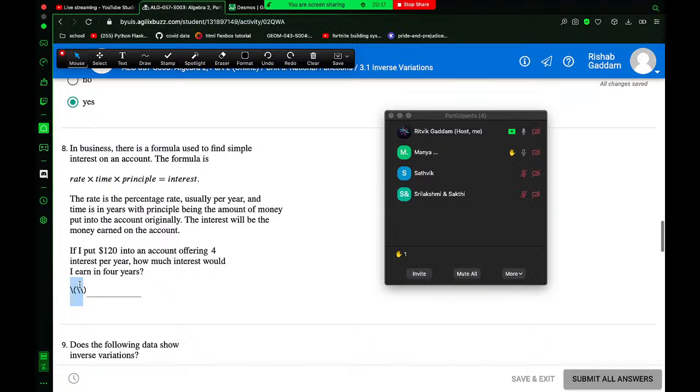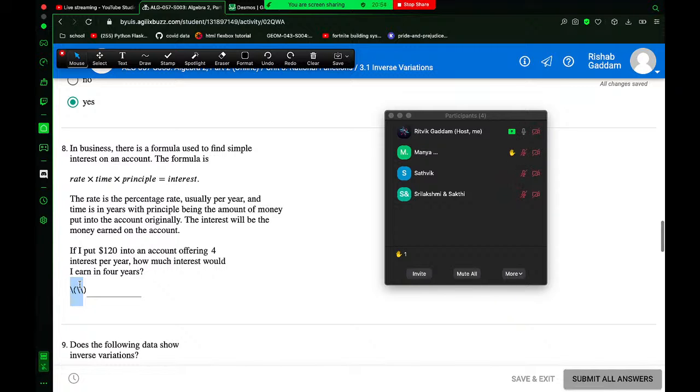So basically, I would just find 4% of 120 and multiply it by 4. You would actually multiply 120 by 0.04 and then multiply it by 4, because it's a percent, so it's divided by 100.